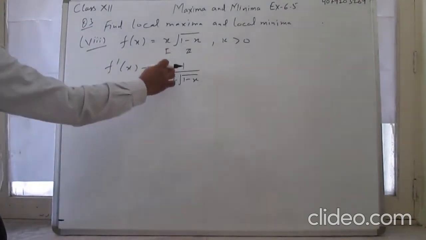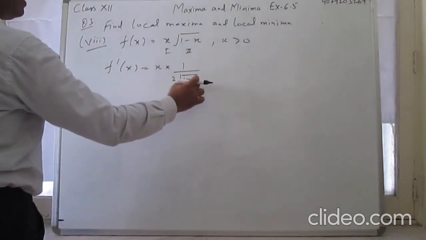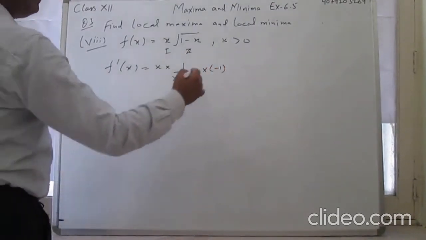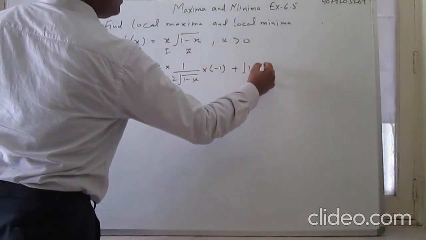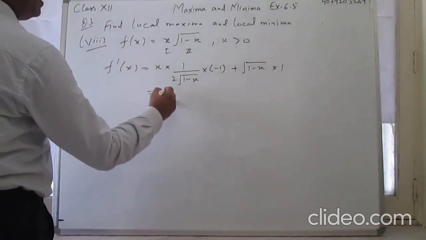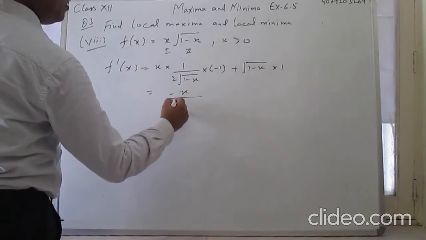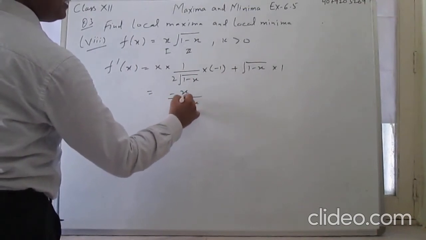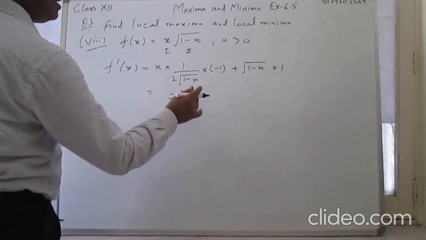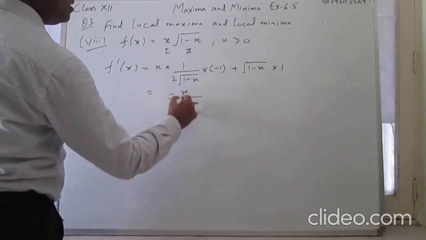The derivative of root x is 1 upon 2 root x. Instead of x it is 1 minus x, so the derivative of the inside, minus x, gives minus 1, plus second into the differentiation of first. Now see here, it is minus x upon 2 under root 1 minus x. You can take the LCM, 2 under root 1 minus x.